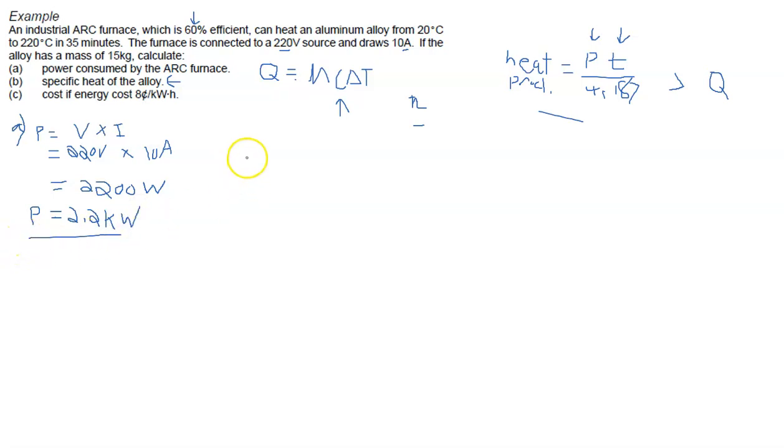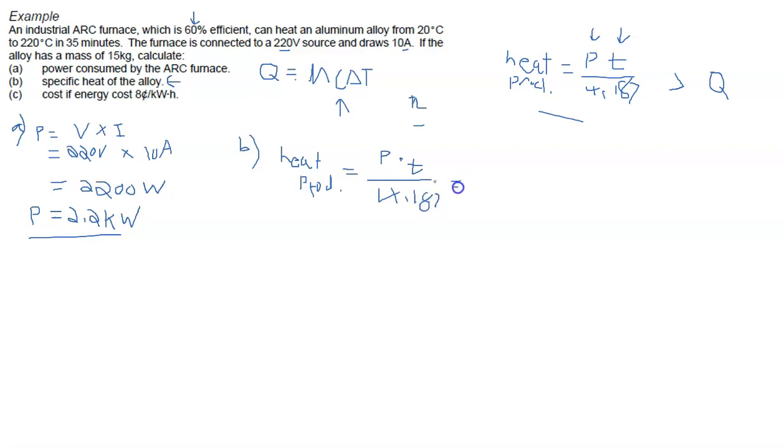Okay, for part B, the specific heat of the alloy. Again now, we'll start then by saying that the heat produced, and that was supposed to be an R there, is equal to power times time over 4.187.